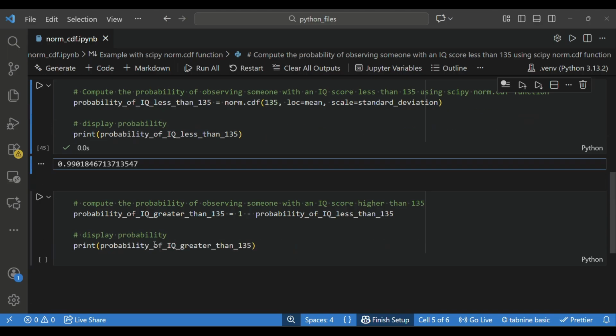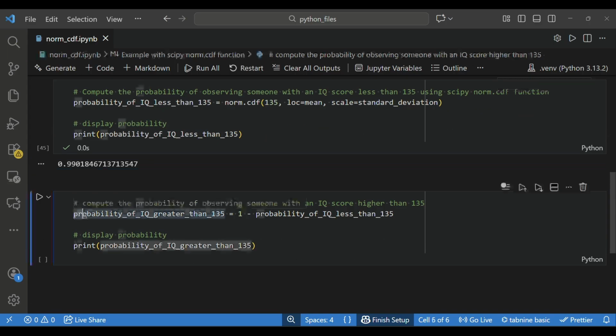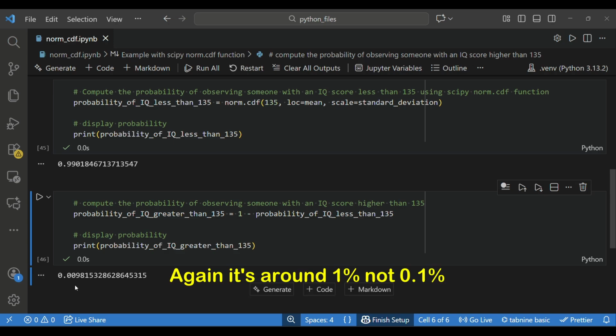Therefore, the probability of encountering someone who has an IQ higher than 135 is 1 minus the probability of encountering someone who has an IQ less than 135, and that's a probability of 0.0098. In other words, it's approximately a 0.1% probability.